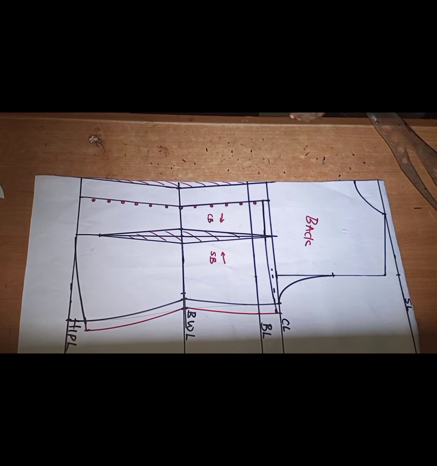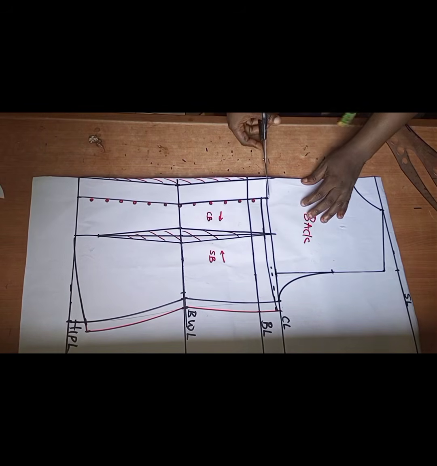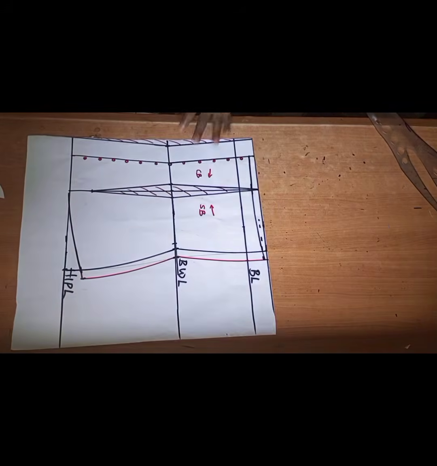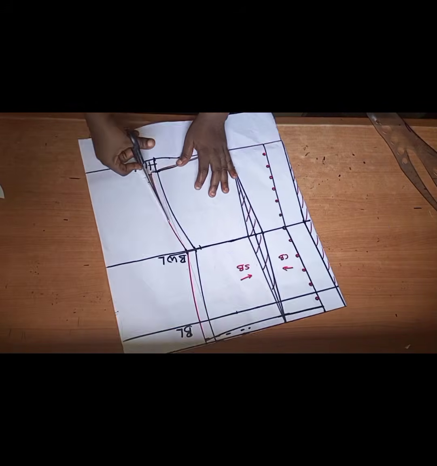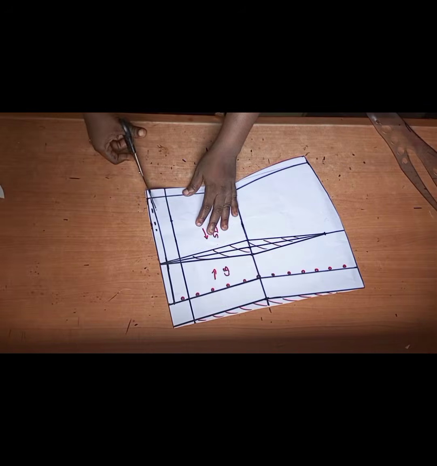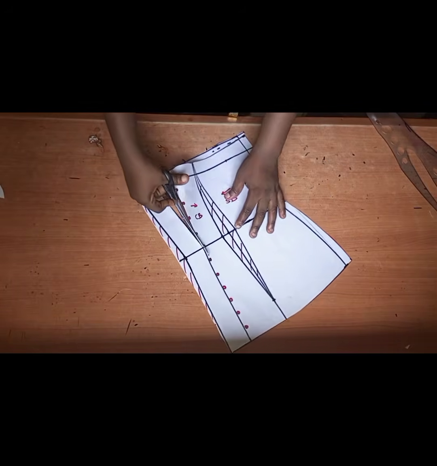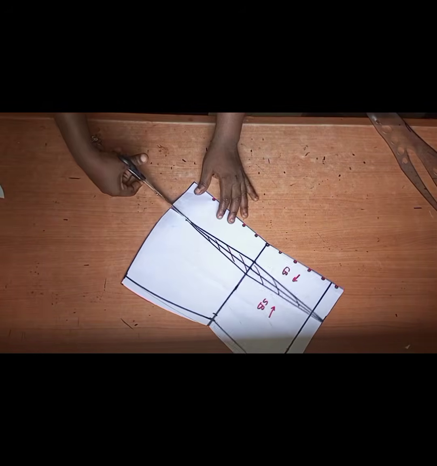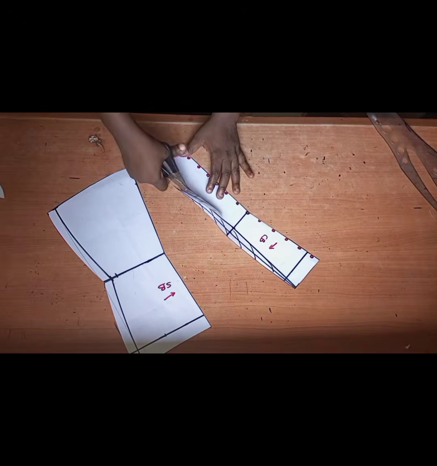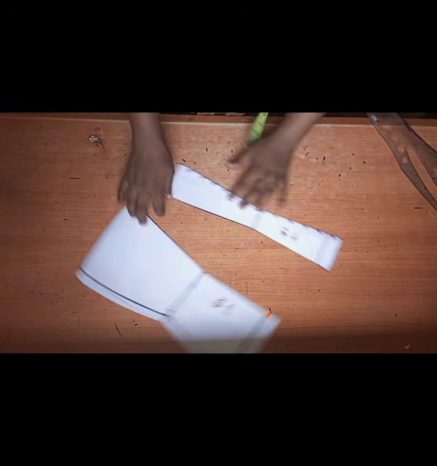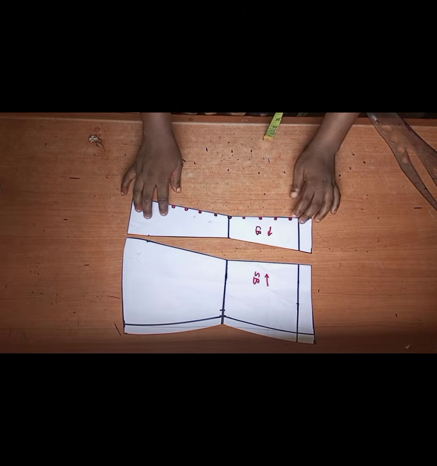Now I'll go ahead to cut this out. So after I was done cutting the back piece, this is what I have, and then this is it for the front piece as well.